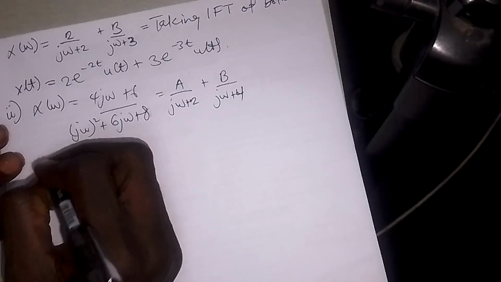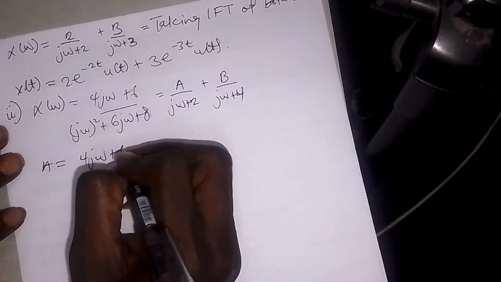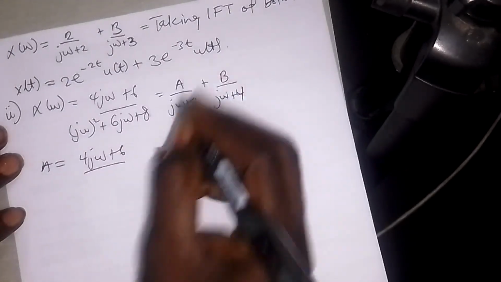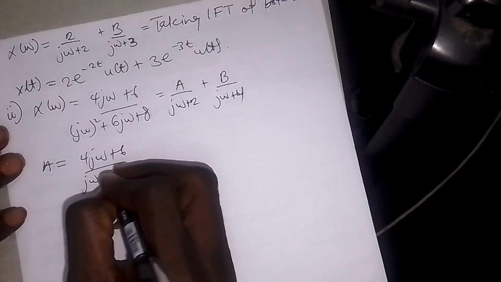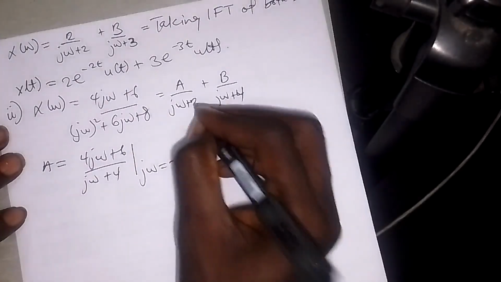So in that case, A will be equal to 4 j omega plus 6 over j omega plus 4, because j omega plus 2 will cancel, and I will insert j omega plus 2 equals 0, which is this 2.